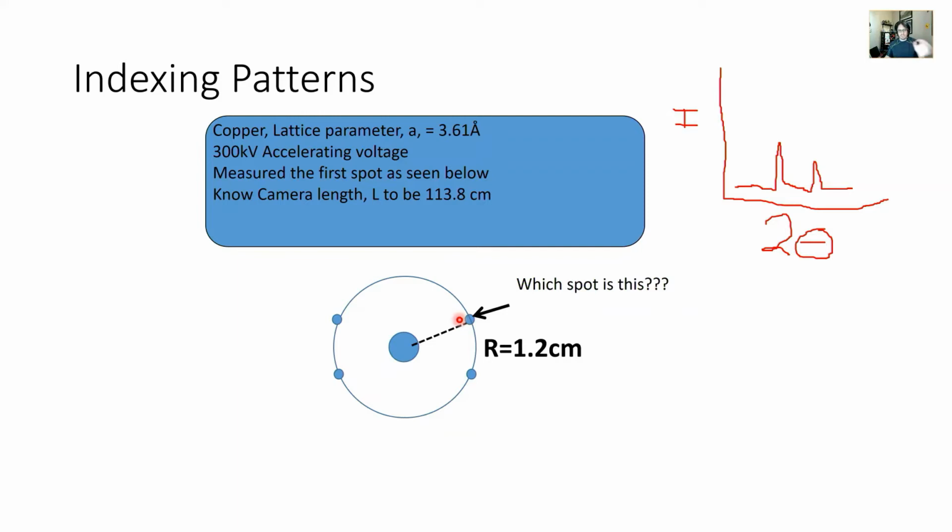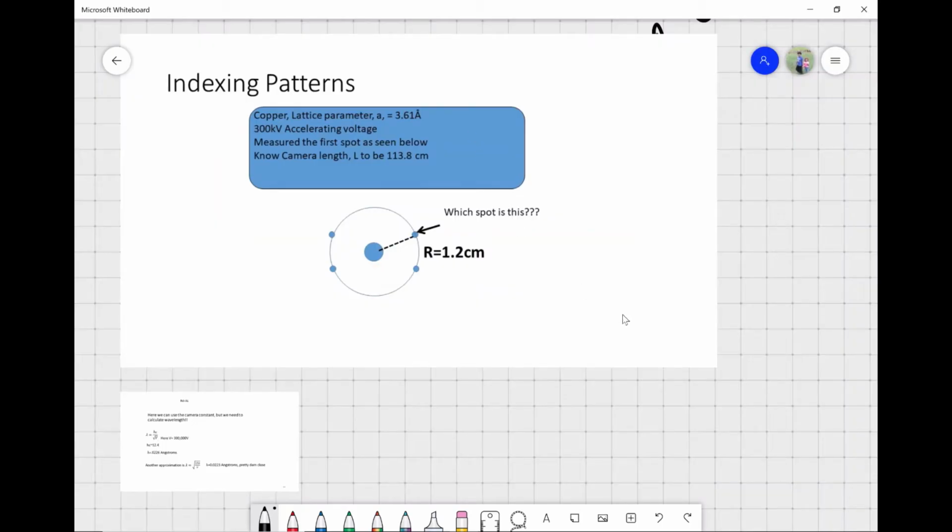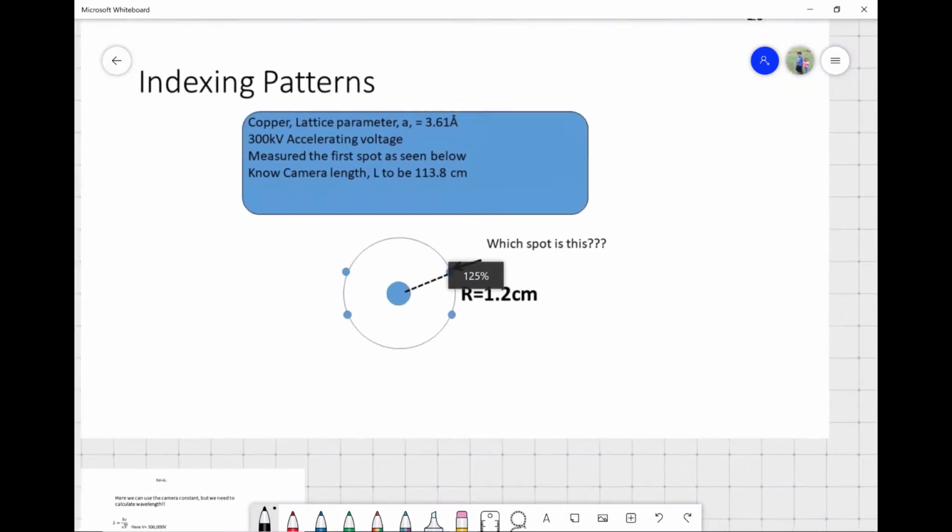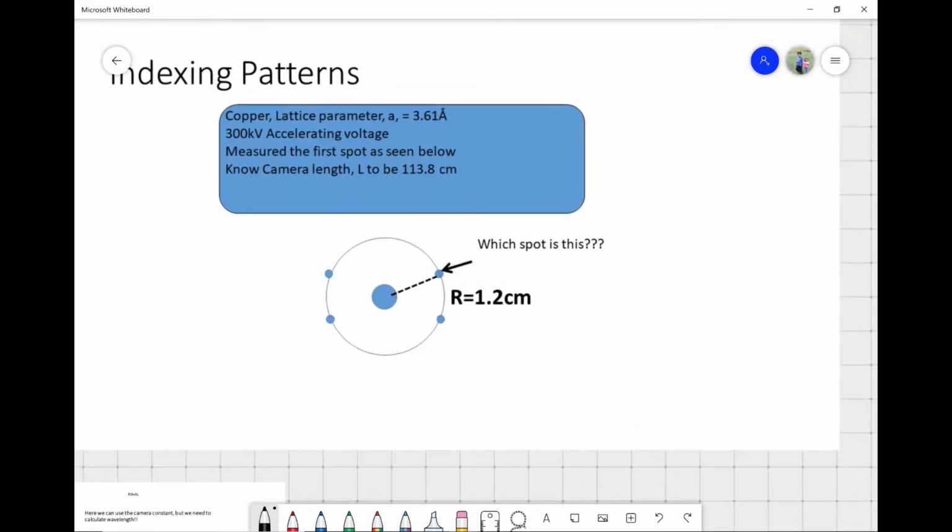Talking family of planes here. Let's go through this particular question asking which spot is this. We're looking at indexing this pattern here. And we already know what we're looking at, and I've said it before: if you are doing TEM and you've gotten to the point where you've put a specimen in the machine and you're seeing diffraction patterns, you probably know what you're looking at.